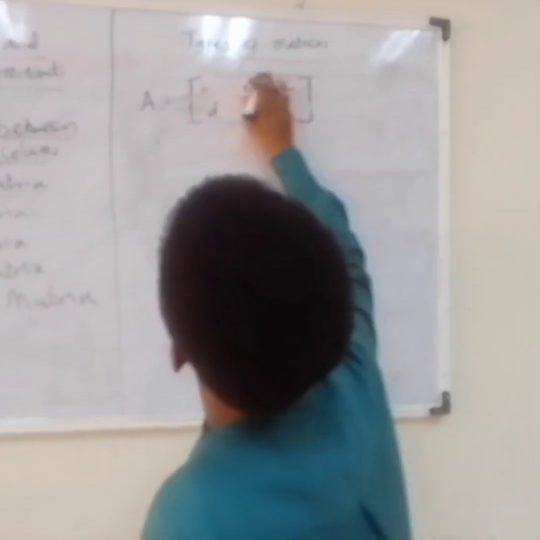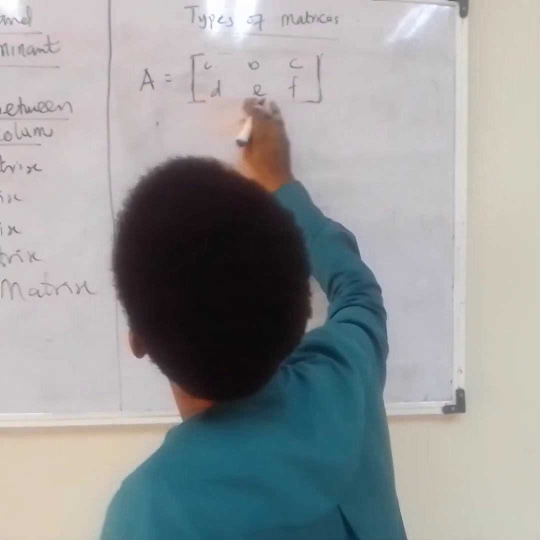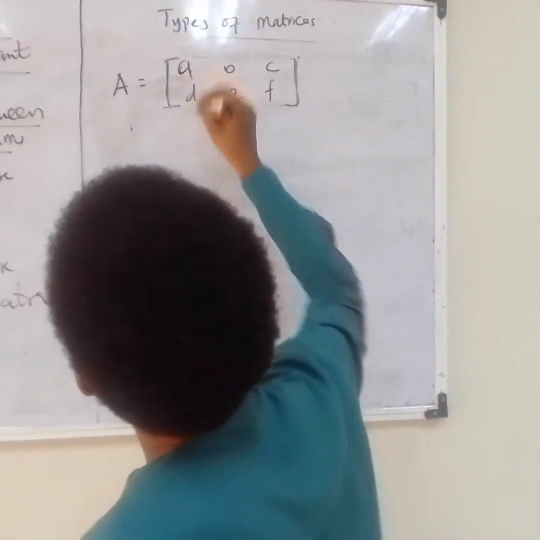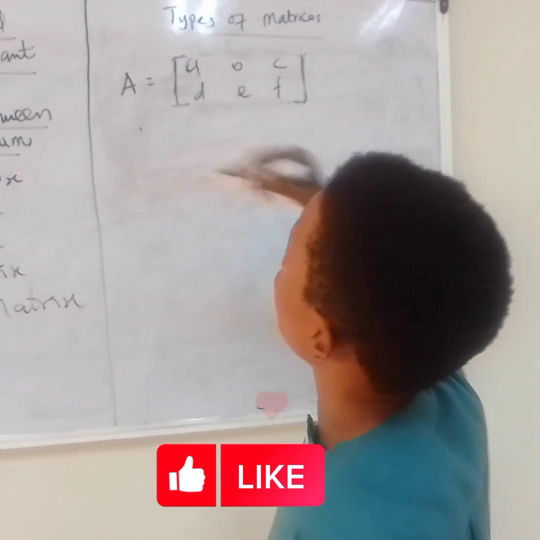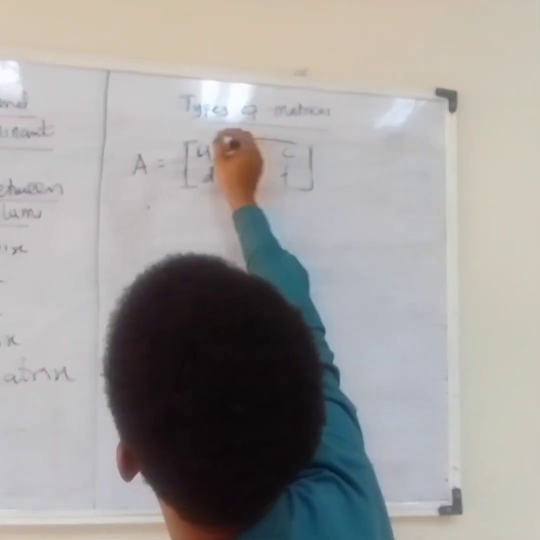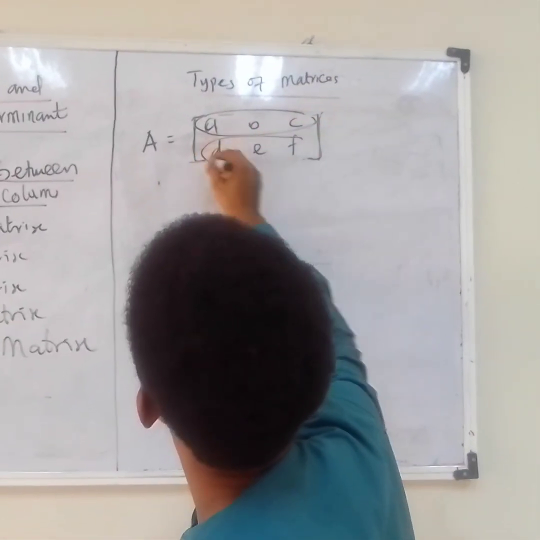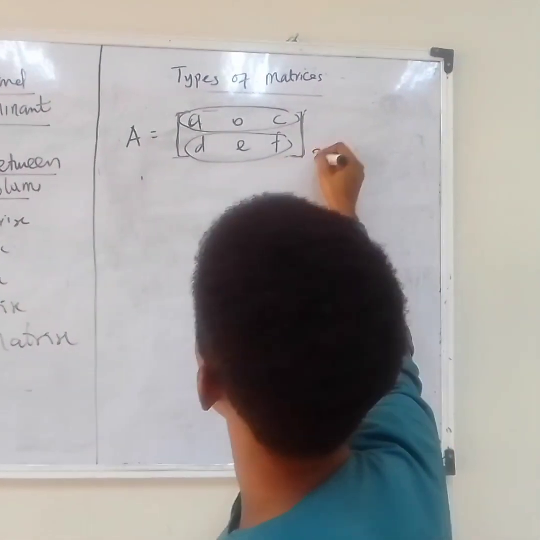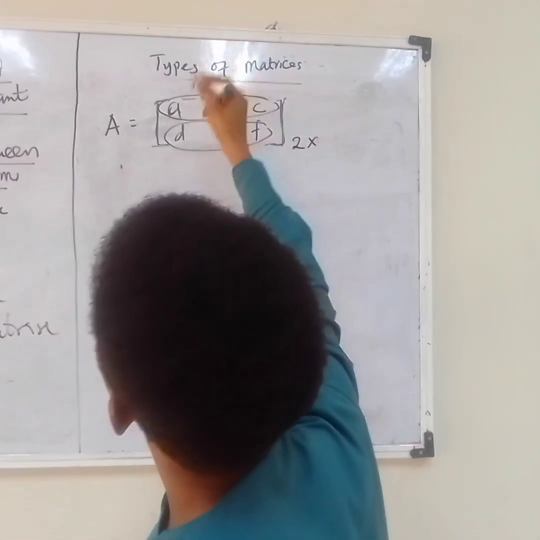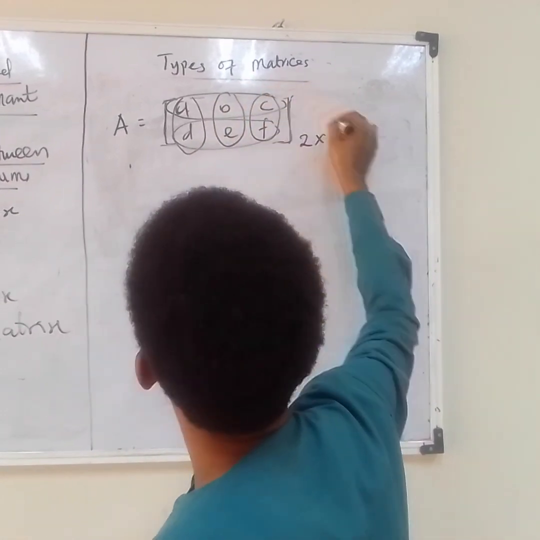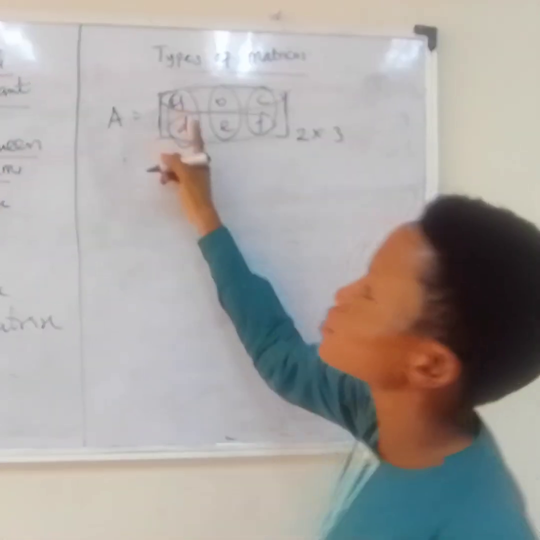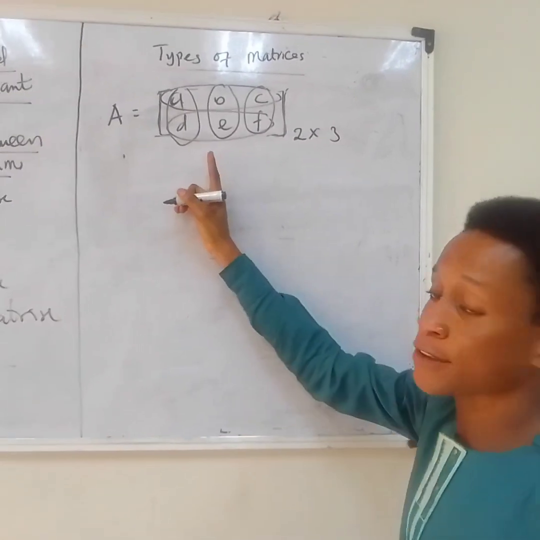If you look at your rows, I told you rows is the horizontal arrangement of numbers or elements. We have 1, 2, so 2 rows times how many columns? 1, 2, 3. Definitely the rows and columns there are not the same.